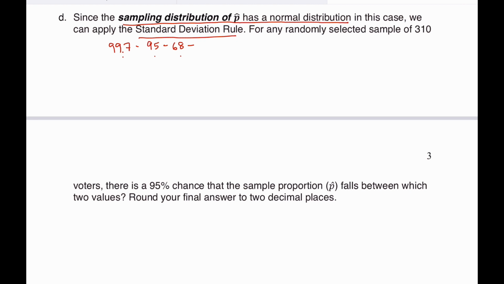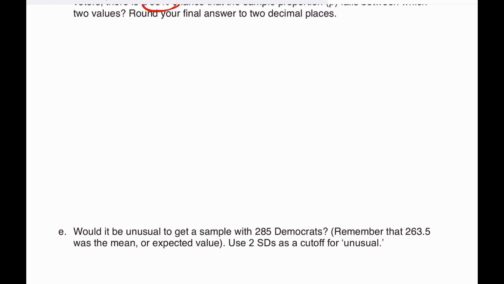So if you recall, the standard deviation rule said that approximately 95% of the values lie within 2 standard deviations when we have a normal distribution. 95% of our values in a normal distribution lie within 2 standard deviations of the mean.